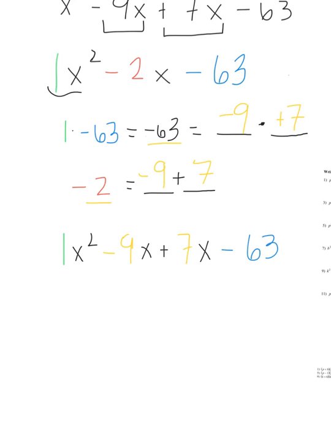Notice that this trinomial and this polynomial with 4 terms are exactly the same because negative 9 plus 7 is negative 2. So it's the same thing, just written differently.